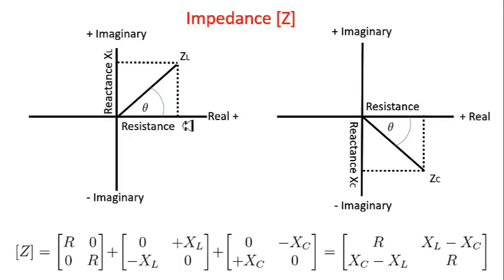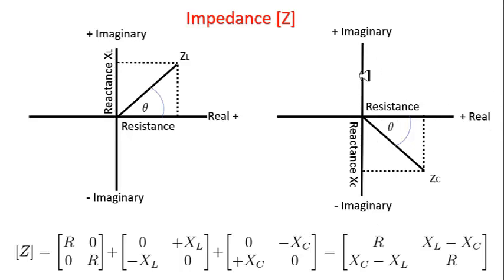Basically it is a flip about the real axis. So the complex conjugate is a flip from positive to negative or from negative to positive about the real axis.